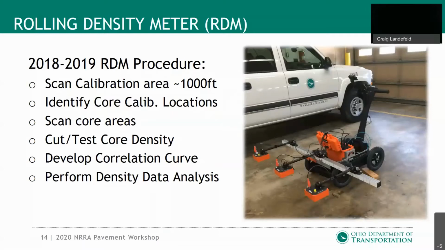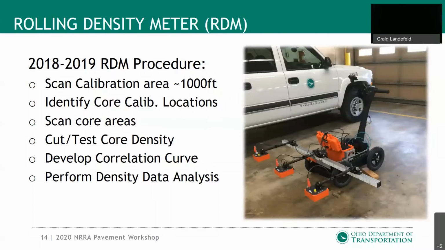Once we identified those core locations, we would scan those areas. We found that it was very important to do some roving in those areas to make sure that the dielectrics were relatively consistent in that area.